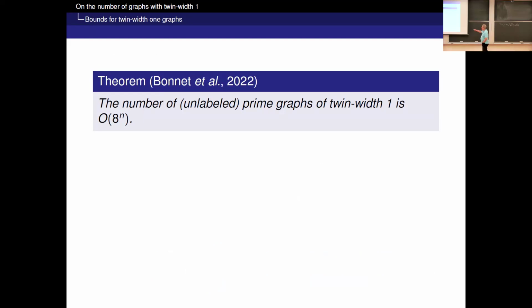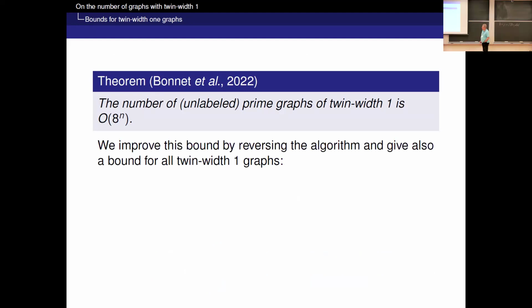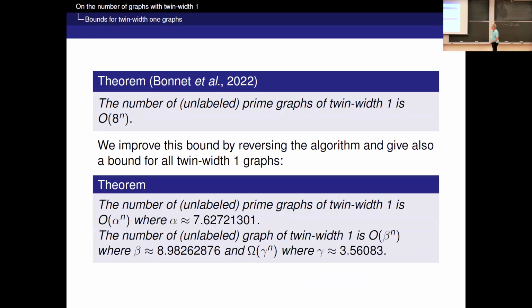So there is another algorithm looking for twin width 1 graphs which can be exploited, and where we can get a big O of 8 to the n by investigating this algorithm, which was shown by Bonnet et al. in 22. But we want to improve this bound using this algorithm I just showed you.